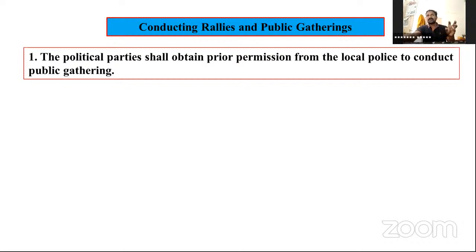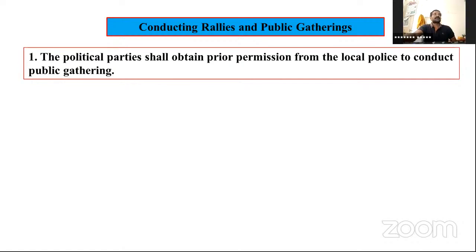First you take permission from the police. First you inform them where the meeting is being conducted, what the time is, and which date. These are the details to give to the local police.